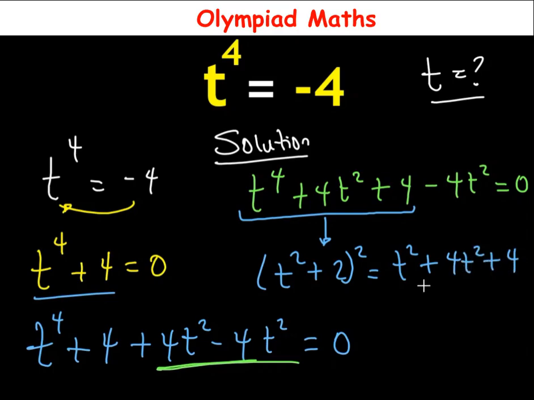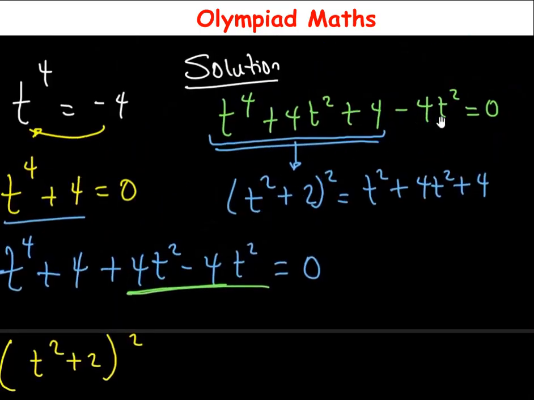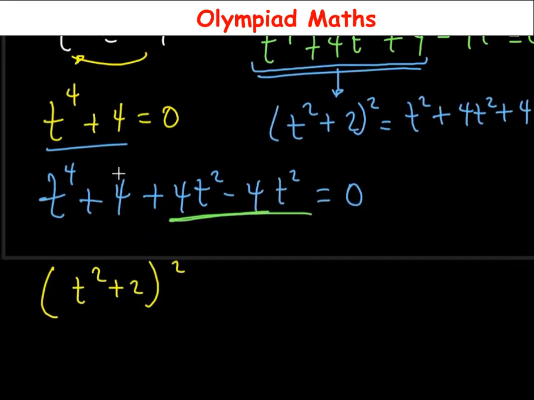Okay, so in the place of this expression right here, we'll bring in t squared plus 2 all raised to the power 2. So this then becomes, in bracket, t squared plus 2 all raised to the power 2, then we also have minus 4t squared is equal to 0.